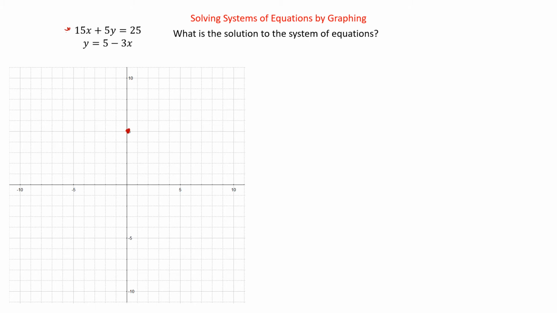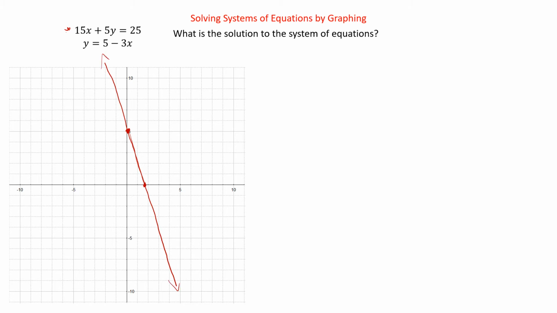And then if y equals 0, we have 15x equals 25. We can divide by 15, x equals 25 fifteenths. We can divide those by 5, so that reduces to 5/3, which is 1 2/3. And then we can draw that one.